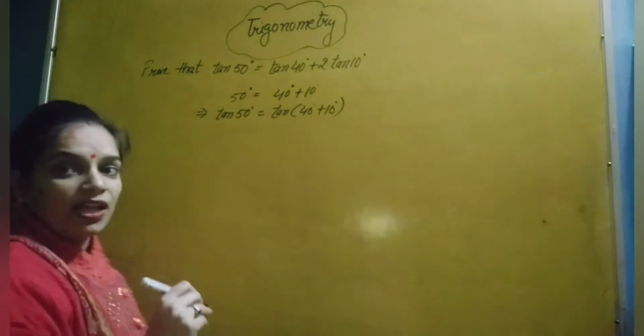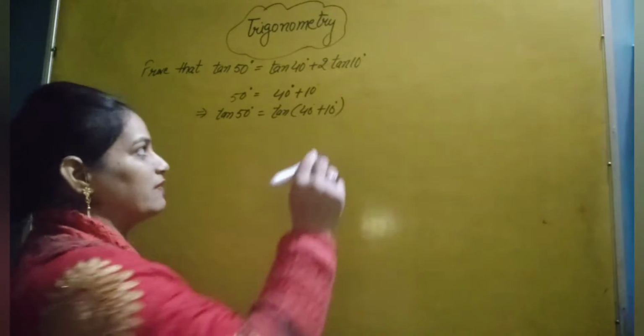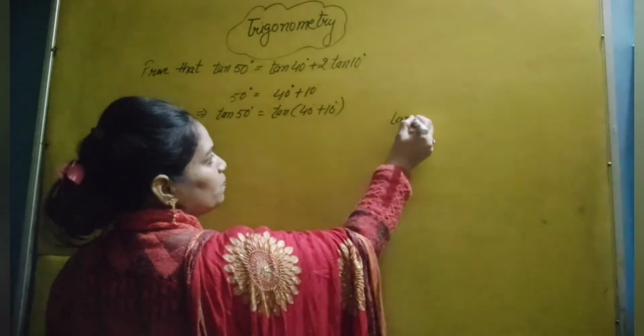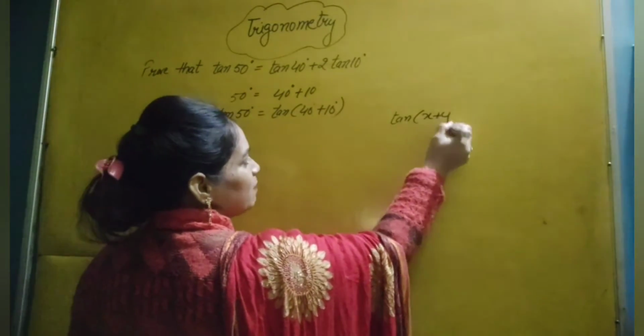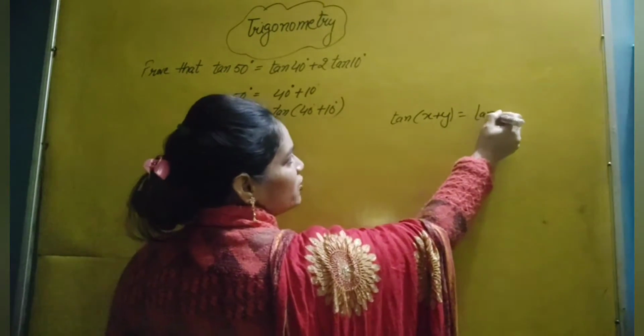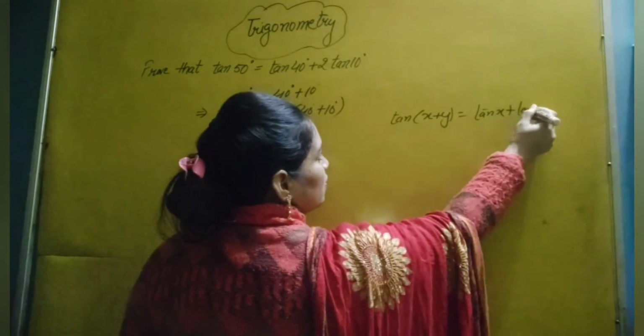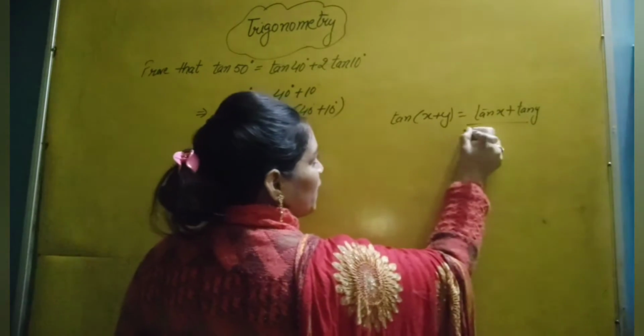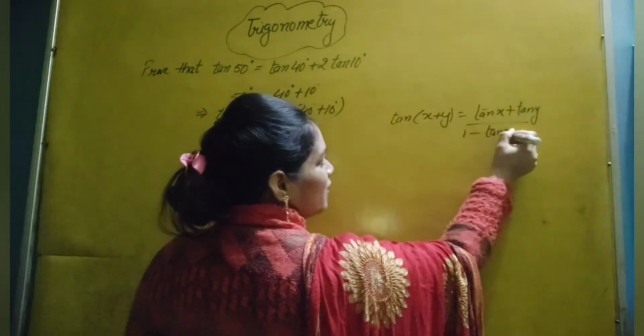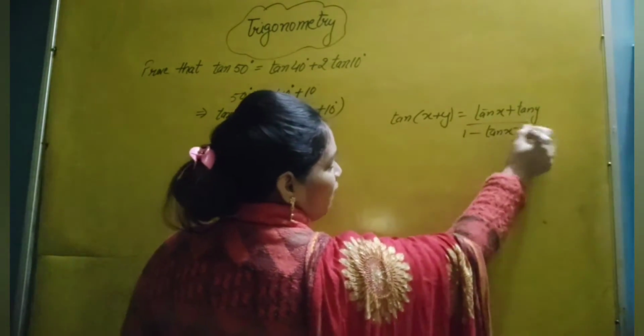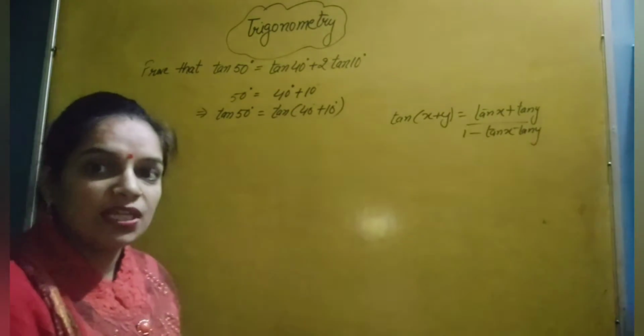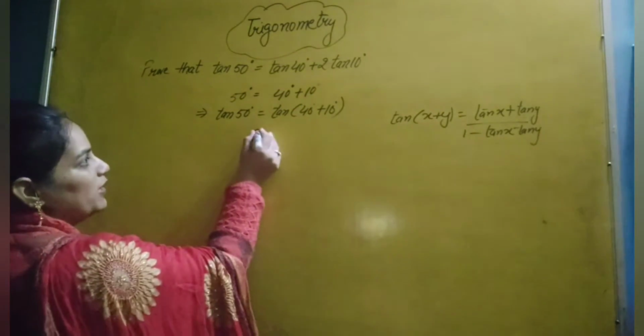In the right hand side, I will apply the identity tangent (x plus y) is equal to (tangent x plus tangent y) whole divided by (1 minus tangent x into tangent y). With the help of this identity, I will open tangent (40 plus 10).